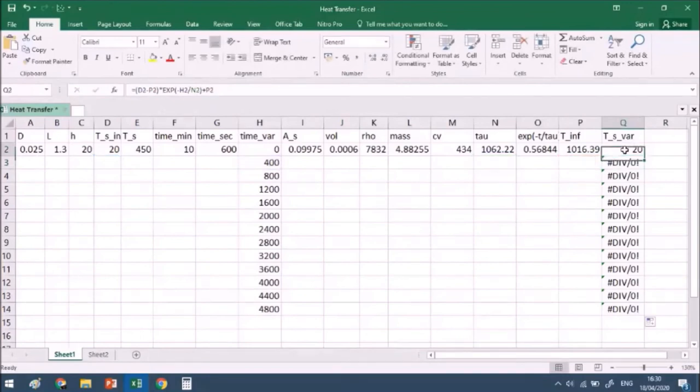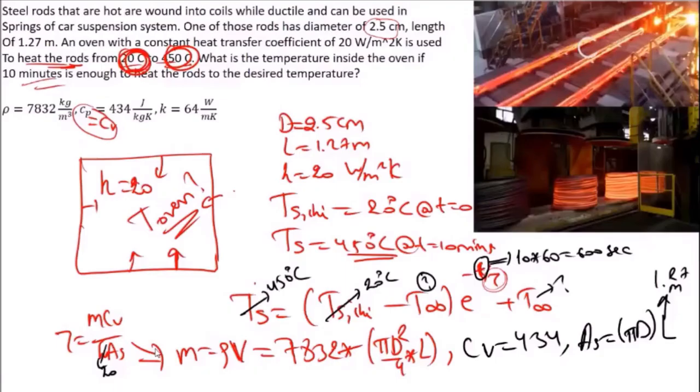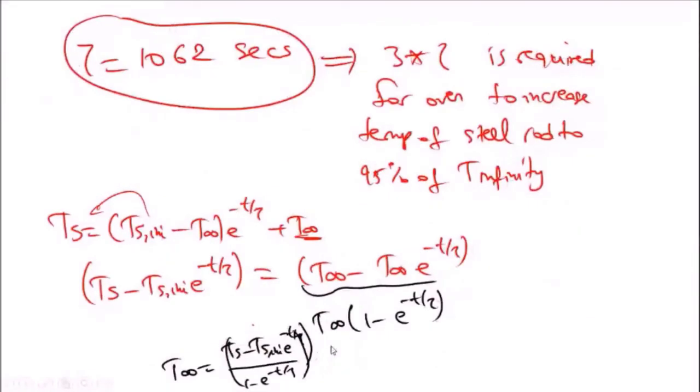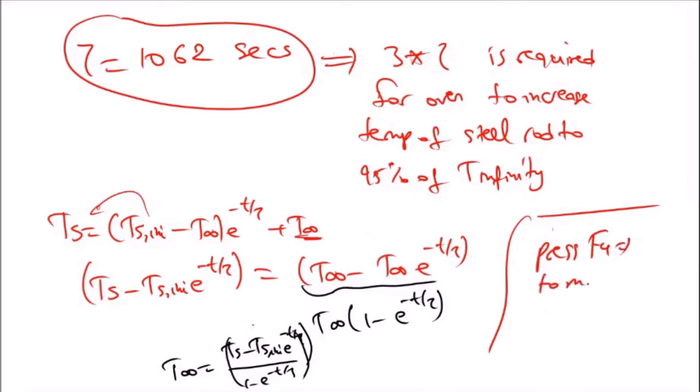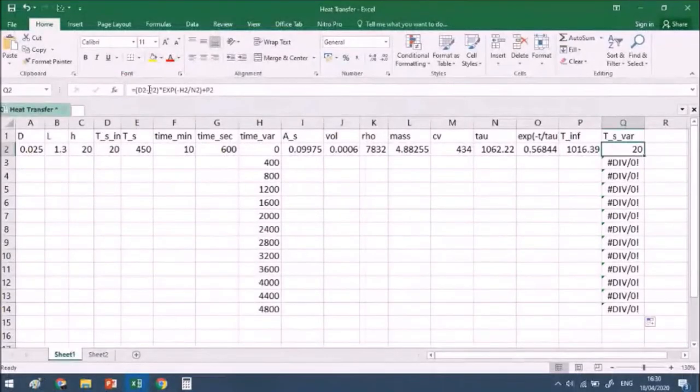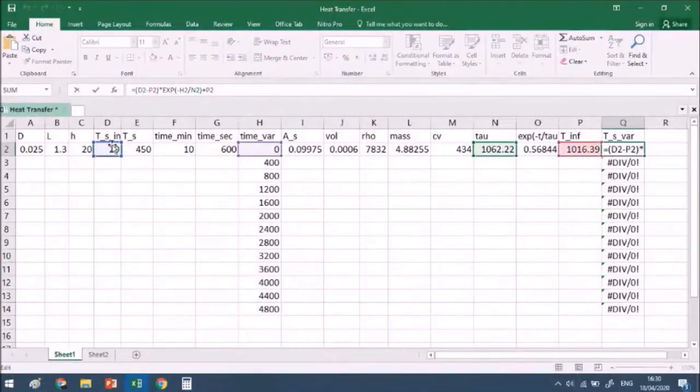Now what I will do is make D2 absolute with the dollar sign. So press F4 to make the cell constant. Now I will press F4 to make D2, this one, constant. I don't want it to change because I want only the time to be variable.